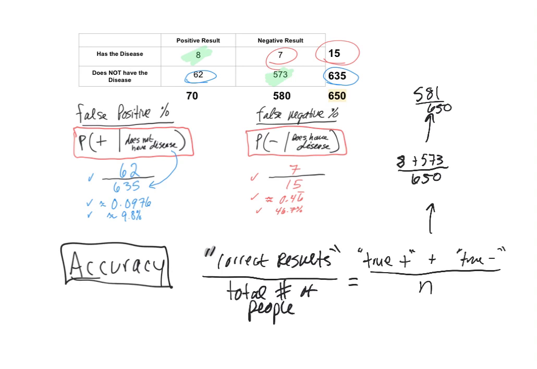I could leave that as a fraction. If I wanted to write that as a decimal and a percent, 581 divided by 650, as a decimal, is approximately 0.8938, which means this is about 89.4%. All of these are approximate, depending on how we are asked to represent this information in fraction, decimal, or percent form. We see that the accuracy of this test is 89.4%.